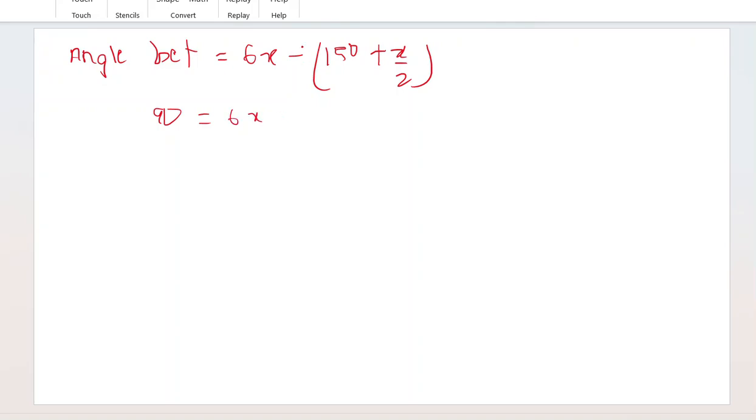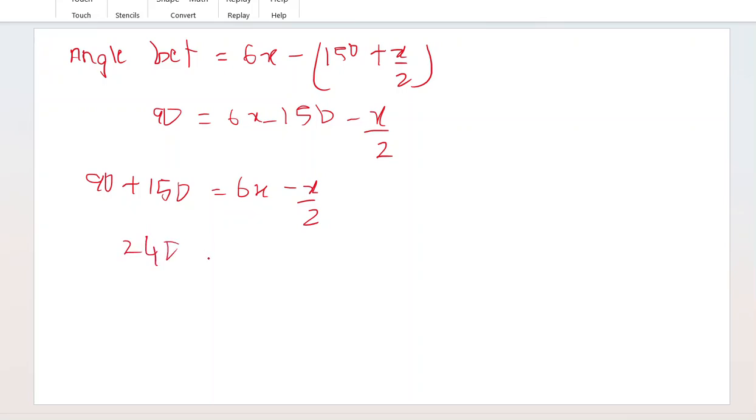So 6x, I take the minus sign inside, minus 150 minus x by 2. Again, I fetch the number this side, so I'll get 90 plus 150 is equal to 6x minus x by 2. I get 240 is equal to 12x upon 2 minus x by 2. I get 240 is equal to 11x by 2.